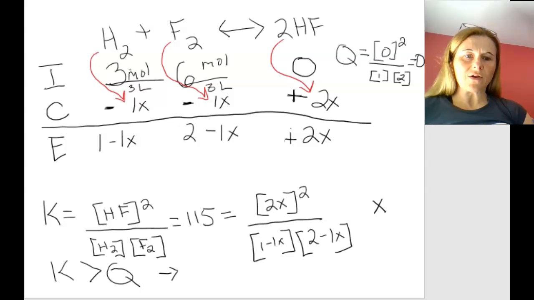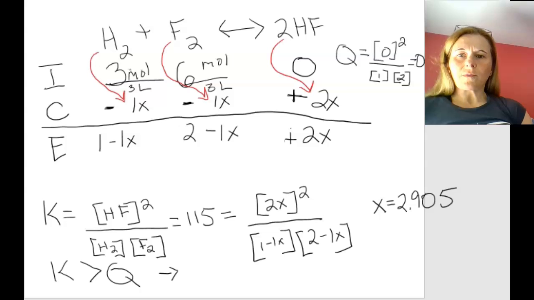So we need to figure out x, which when we pop that into our calculator, we see that x equals 2.905. And we're going to put that back into these numbers. I'm going to grab my different color here, and put that back into there.